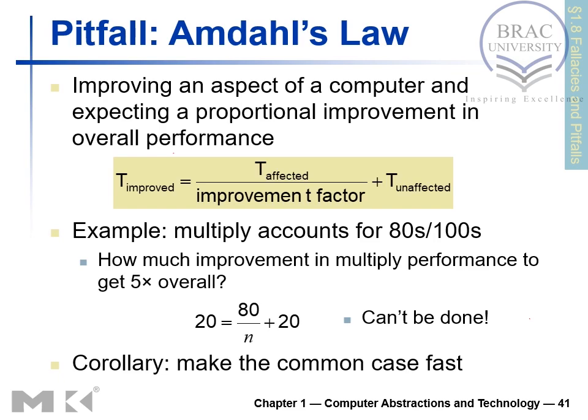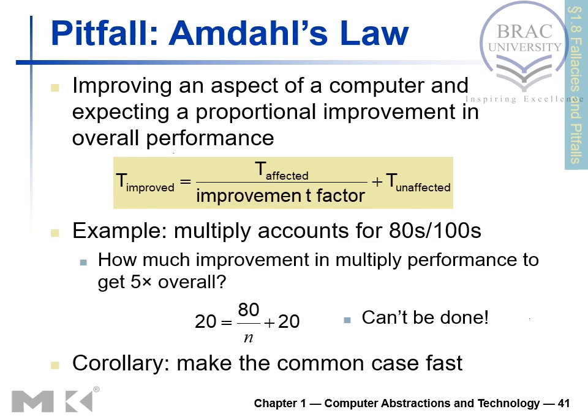So the equation for Amdahl's law is T improved equals T affected, how much that improvement affects the overall performance, over the improvement factor, and then there will be some portion which will be unaffected. For example, let's say we are trying to do a multiplication, and it takes around 100 seconds, and from that 100 seconds, just multiplication requires 80 seconds.